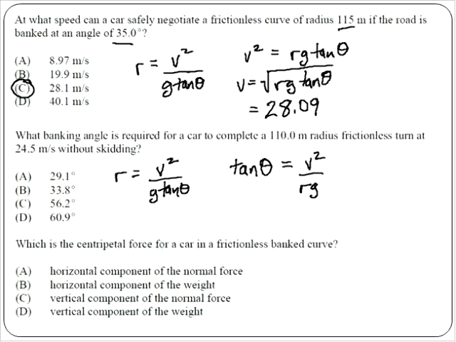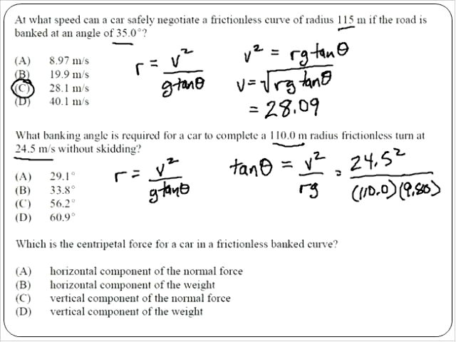Now, the only thing you've got to be careful with in these questions is to make sure your speed is in meters per second. It is in this case. Make sure your radius is in meters. It is in this case. So everything is good, and you plug in the numbers. I've got 24.5 squared. My radius is 110.0. And my G is always 9.80.